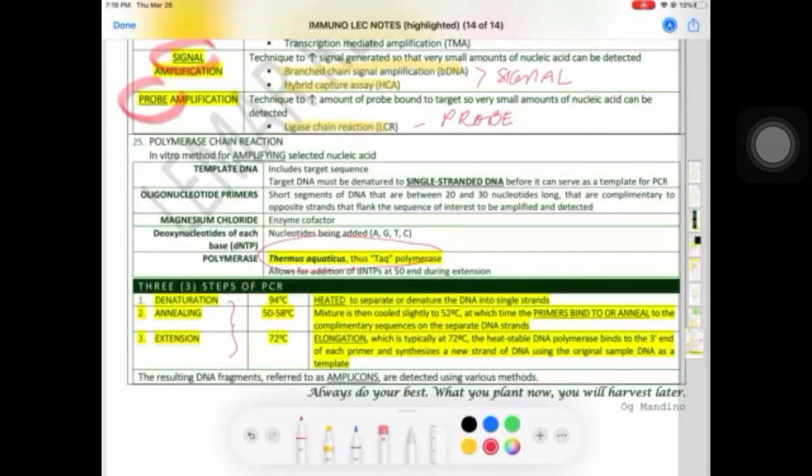Pag tinanong po tayo, ano yung primary error in amplification technique? Huwag kakalimutan, contamination. Primary error for amplification technique, huwag pong kakalimutan, contamination.